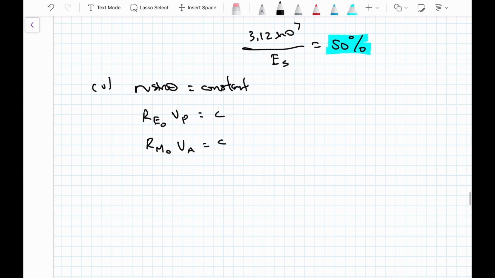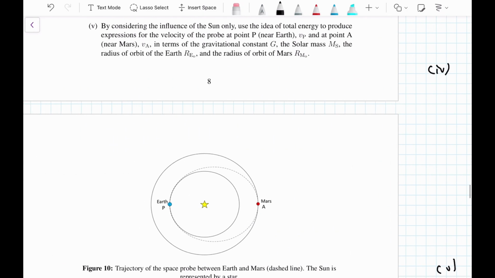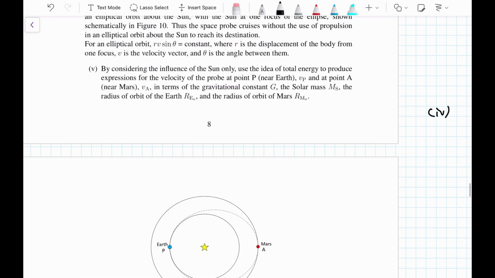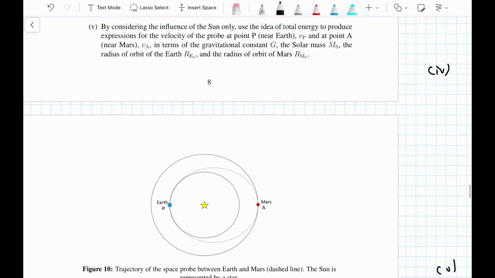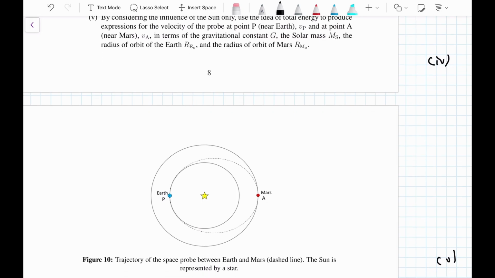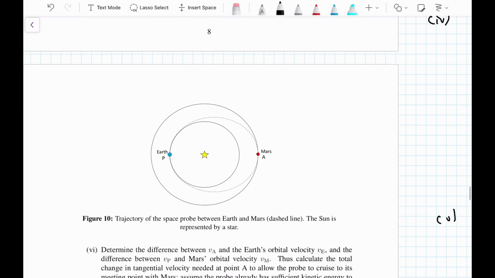Well, based on this, we can only derive a ratio between them, because REO VP is basically equal to RMO VA, and it says to express them in terms of the constants. And how do we involve GMS? I suppose the only way is to analyze the forces or the gravitational potential.